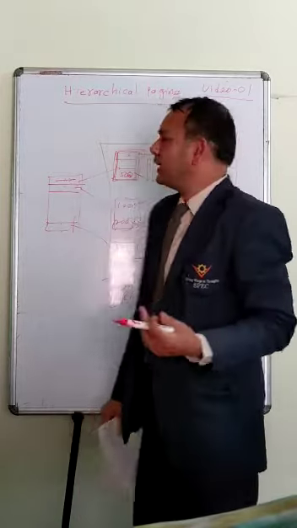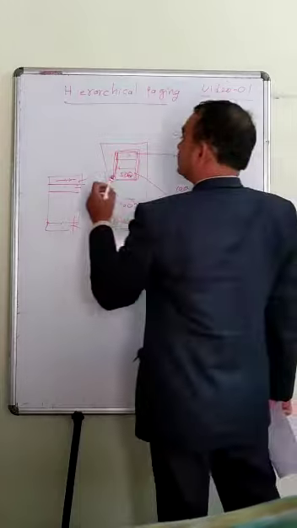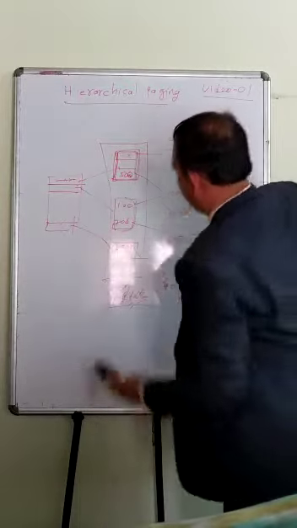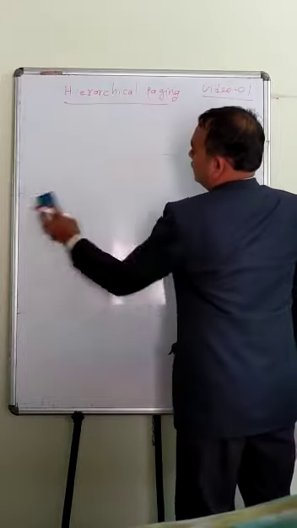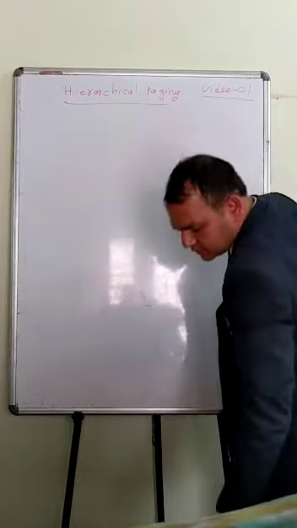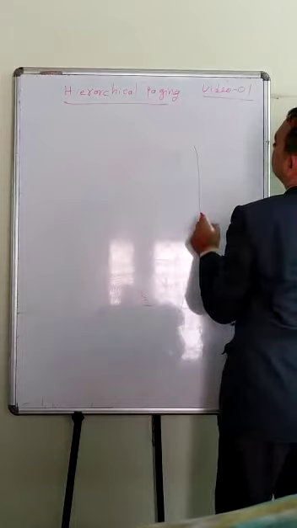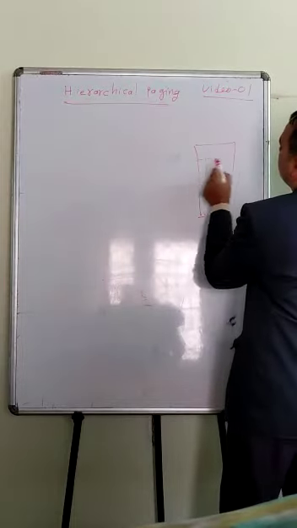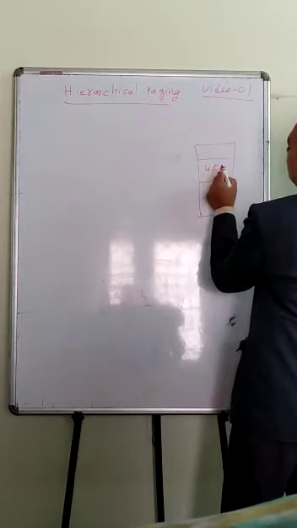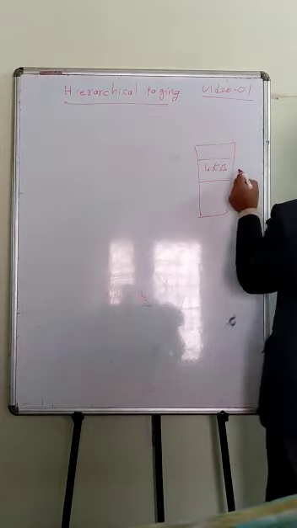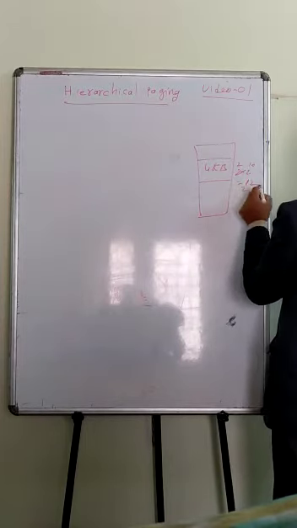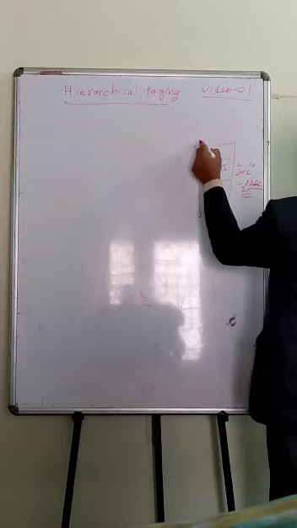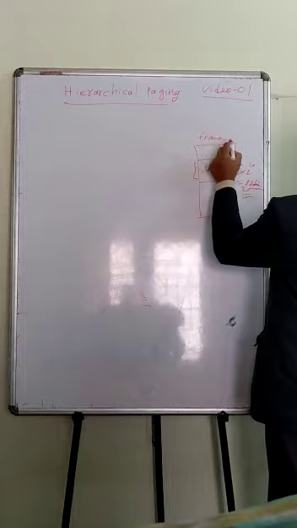Okay. How can we divide? Suppose one page table is there. Let us see one small example. Frame size is 4 KB. 4 KB means 2 power 2 into 2 power 10, that is 2 power 12. So we need 12 bits for a 4 KB frame.